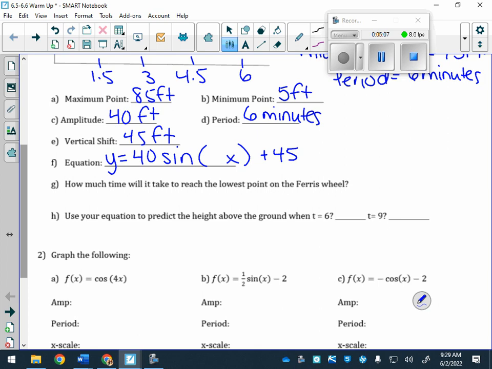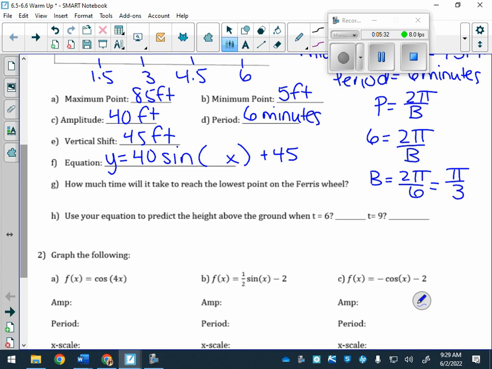All right. So we know the period is 6 minutes. Okay? So remember the period formula, 2 pi over b. We need to find that b value. So 6 equals 2 pi over b. Okay? B equals 2 pi over 6, which reduces to what? Pi over 3. Okay?